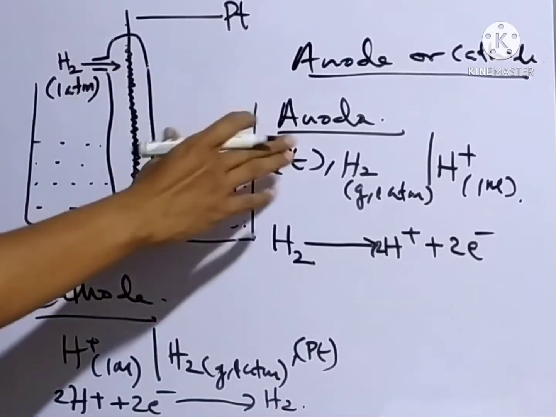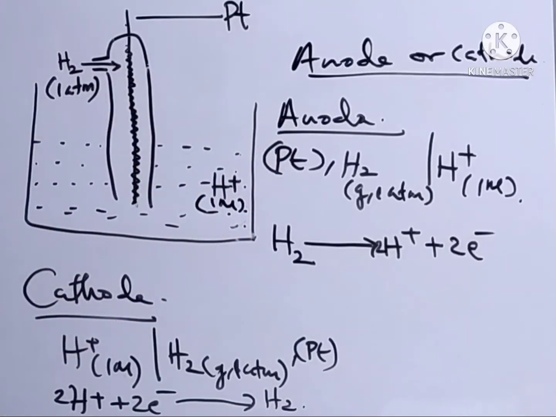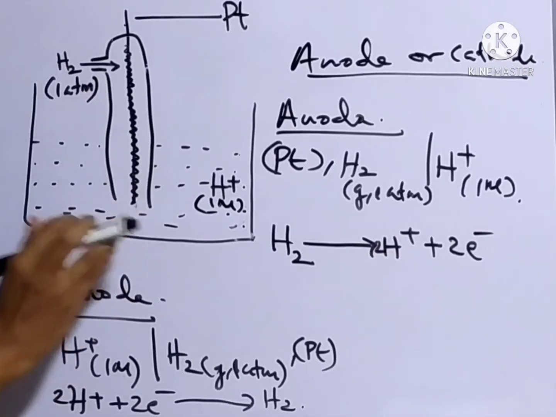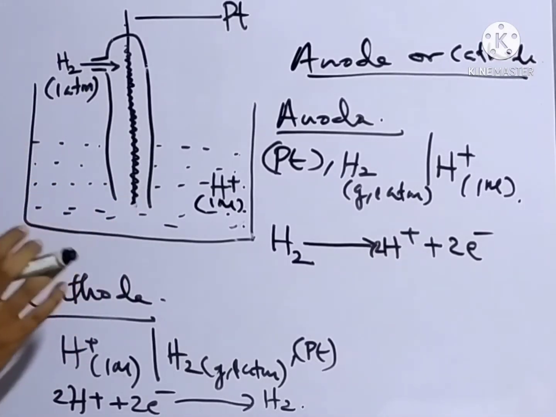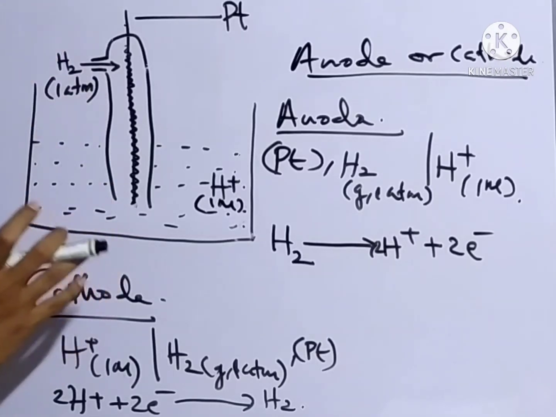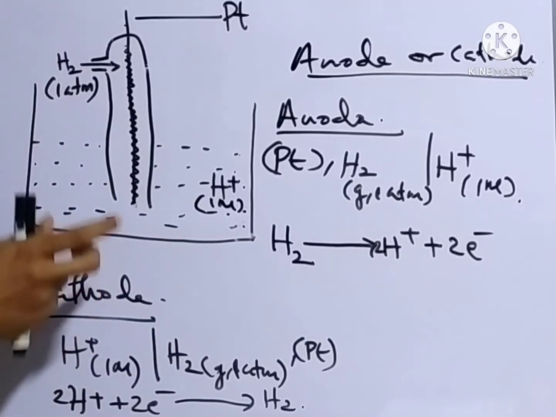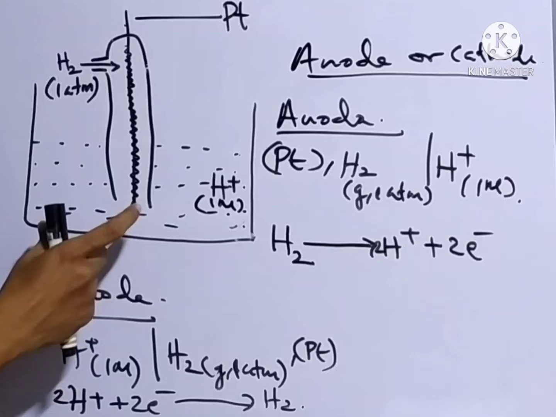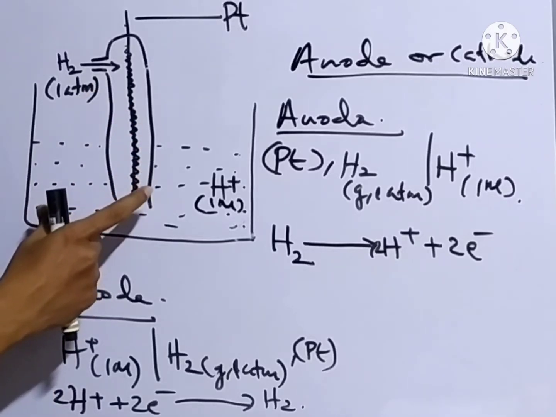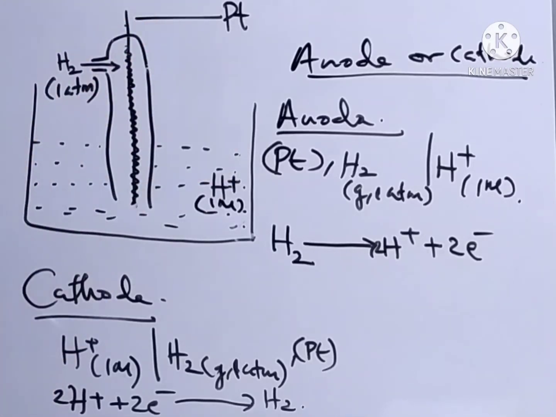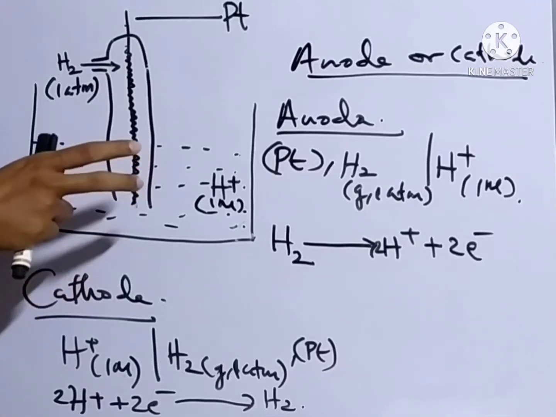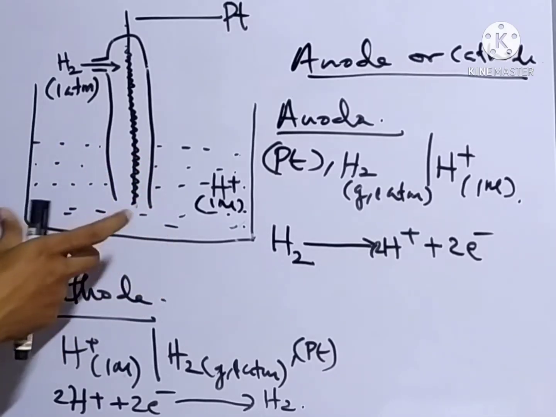These are the anodic and cathodic reactions of the standard hydrogen electrode. Actually, this standard hydrogen electrode has a particular electrode potential, but for our convenience, we fix the electrode potential of the standard hydrogen electrode as 0.